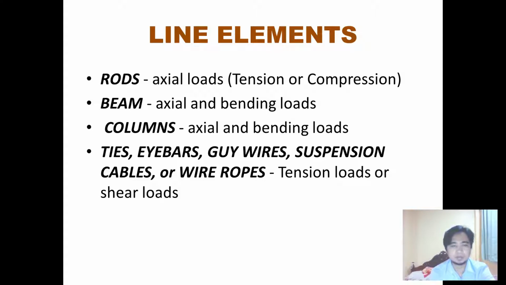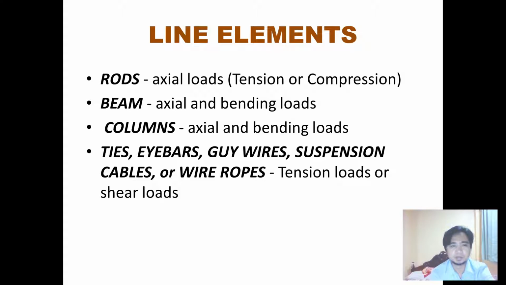Then we also have beams, carrying axial and bending loads. Columns may also carry axial and bending loads. A column that carries both is what we call a column beam.